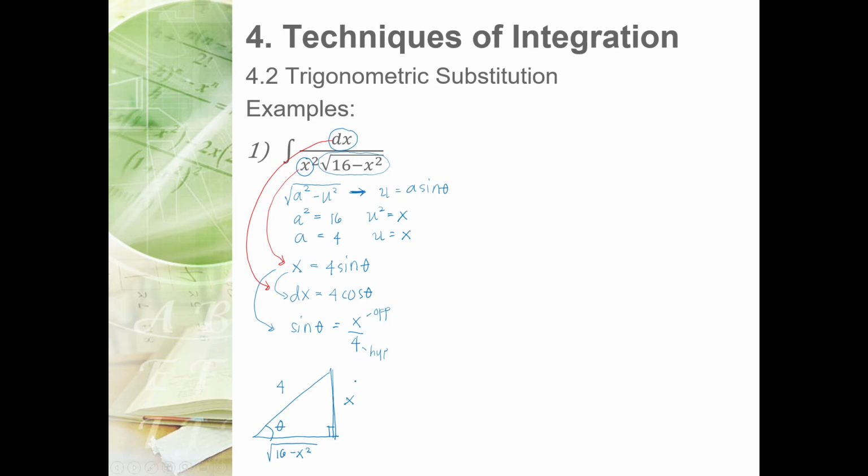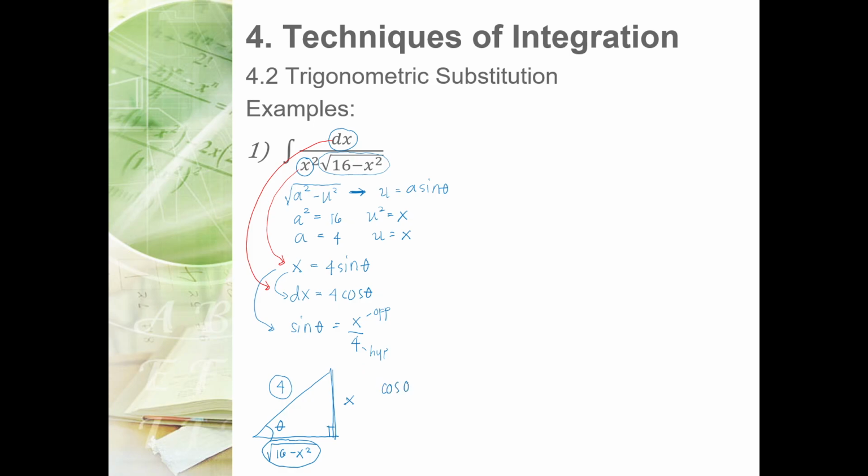Okay, so next step is you are going to get a specific trigonometric function that involves the radical expression and the constant term. So what particular trigonometric function can we use to relate the radical expression and the constant number? So this would be cosine.